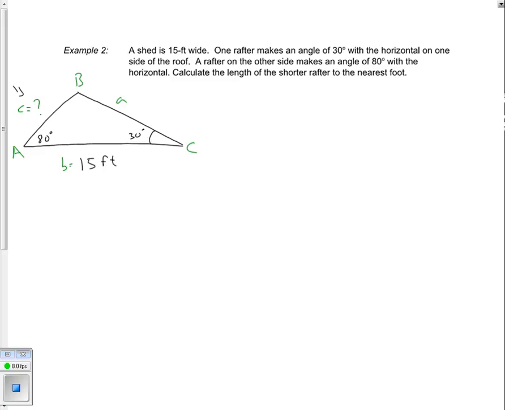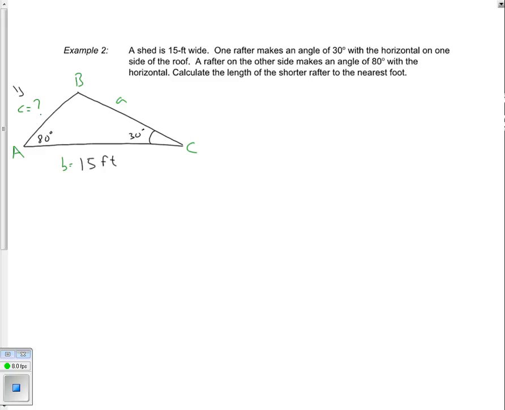No. So we can't use a primary trig ratio. Do we have a scissor pattern in order to use the cosine law? Do we have, for example, a side, contained angle, other side? Well, no, we don't, because we don't know what the value of the side A is. So we can't use cosine law.